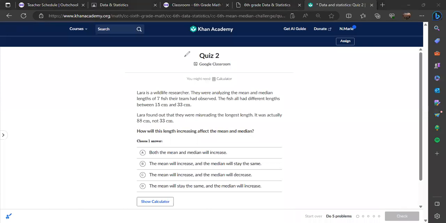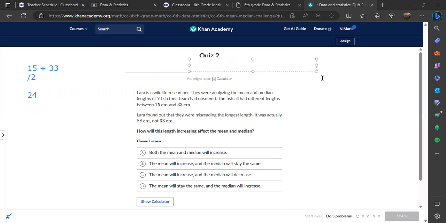So if I had, for example, 15 plus 33, and I divided that by 2, what would that get me? So let's see. 15 plus 33 would be 48. Divide that by 2. The average would be 24. And the mean would be somewhere in between there, right?